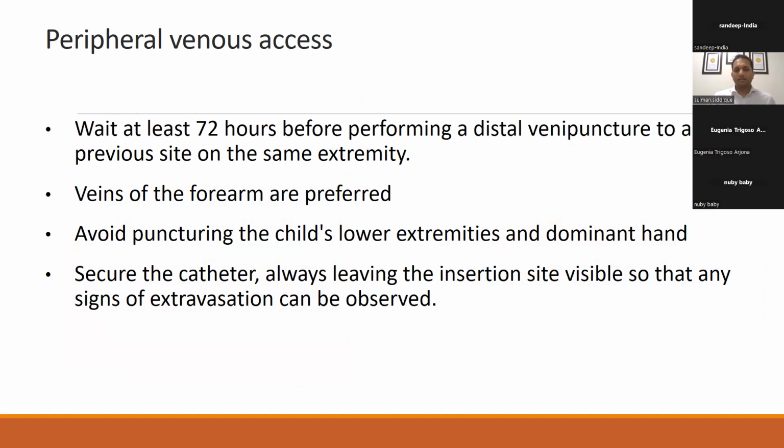Wait for at least 72 hours before performing a distal venipuncture to a previous site on the same extremity. Veins of the forearm are preferred. Avoid puncturing the child's lower extremities and dominant hand. Secure the catheter or cannula, always leaving the insertion site visible so that signs of extravasation can be observed.